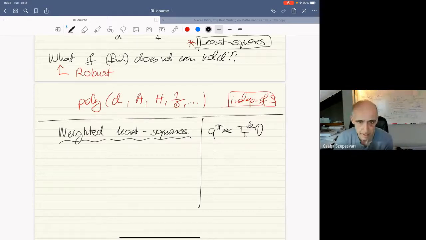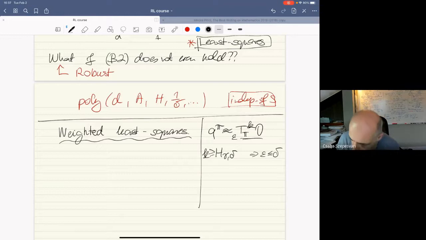So after, I don't know, h gamma delta steps, the error here is going to be smaller than that. All right? And the good thing about this is that we can simulate this. Because what is this?